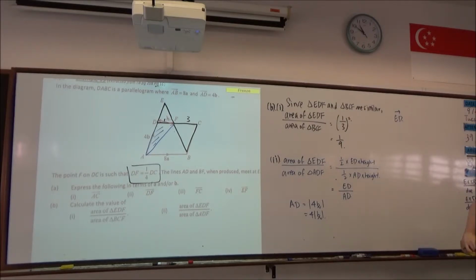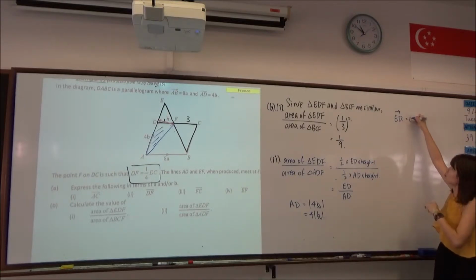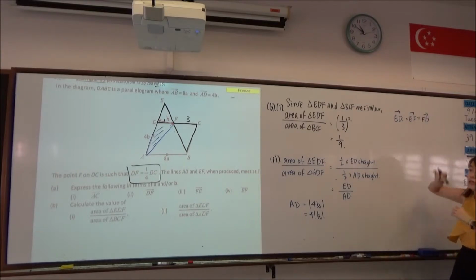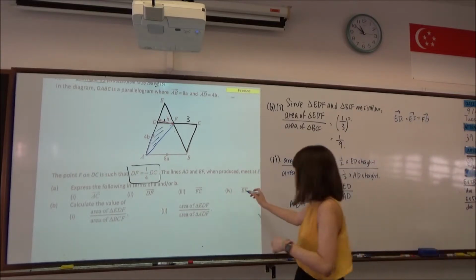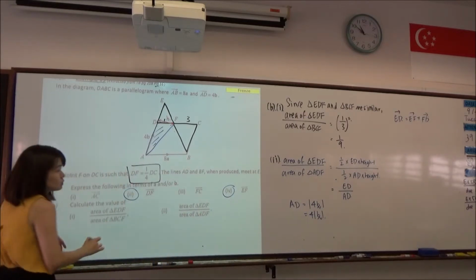Okay. Is there any other easier ways that we have used in part A already? Have we used any information from part A to find out the vector of ED? DF and EF. So ED will be equals to EF plus FD, right? Which both vectors we have already found in part 1 and part 2.